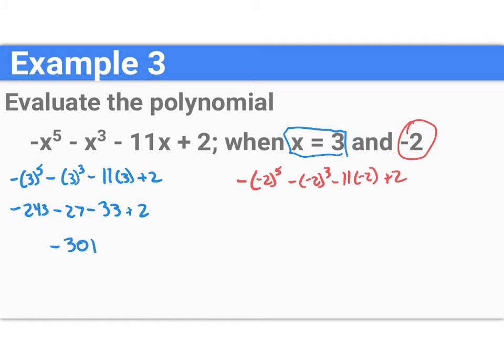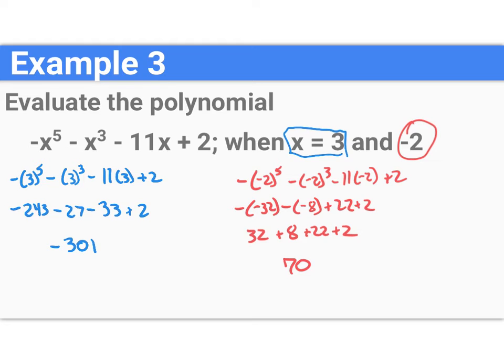Okay, so watch this. 2 to the 5th power: 2, 4, 8, 16, 32, so it is -32, minus -8 plus 22 plus 2. Two negatives make a positive, so you have 32 plus 8 plus 22 plus 2. 32 and 8 make 40, 22 and 2 make 30, 40 and 30 make 70.